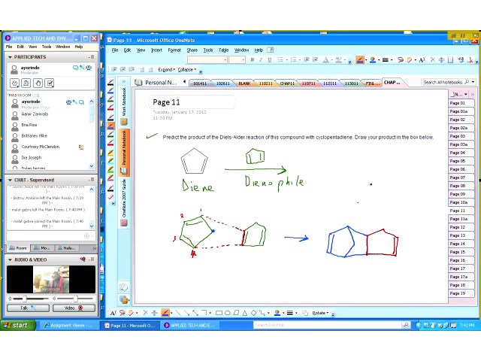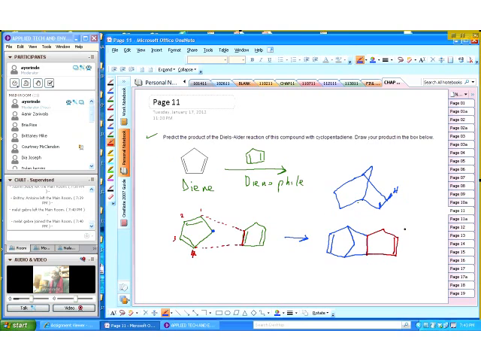Now, if I want to be very fancy in drawing this, of course it will look more like this, looking at the molecule from the side. And the hydrogen will be coming at you. Keep in mind, we told you that you're going to form the endo product.